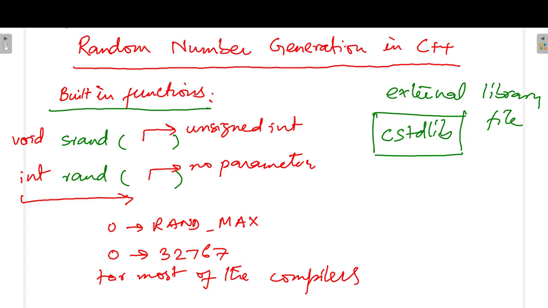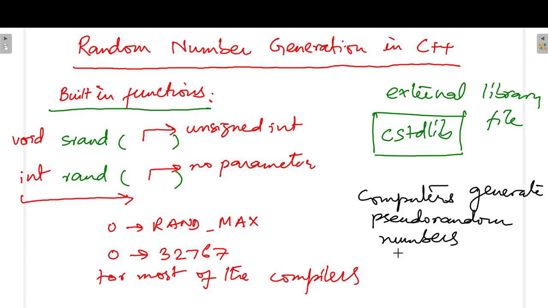In computers, the random numbers are actually pseudo-random numbers. Computers generate pseudo-random numbers because a computer does not use a thinking process to generate a random number. Even though an output number produced may seem random, it is actually generated by using a mathematical algorithm.